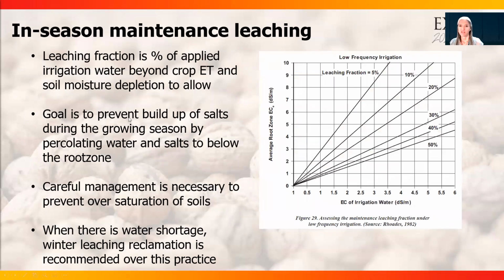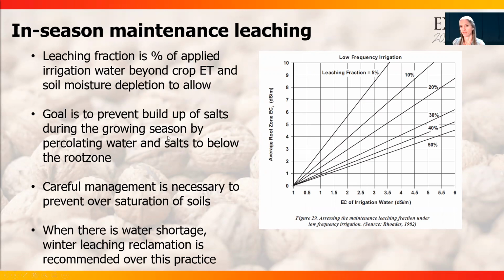If we are trying to conduct in-season maintenance leaching, the leaching fraction is calculated based on the percentage of applied irrigation water. We're going to apply a percentage of water above crop evapotranspiration and soil moisture depletion.